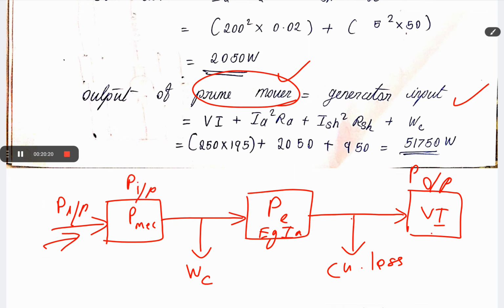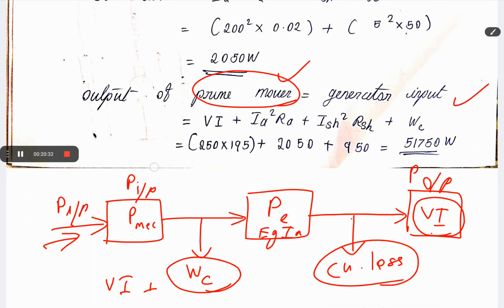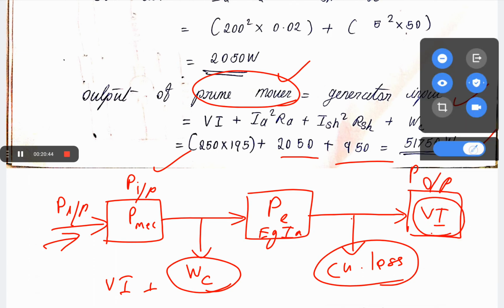If you know VI, terminal voltage and load current, then VI plus copper loss plus constant loss will give you your input. So find it by VI plus Ia square Ra plus ISH square RSH plus constant loss as your power input.